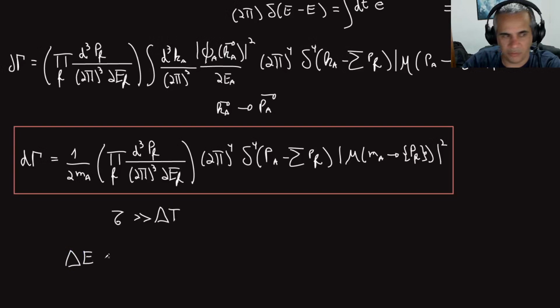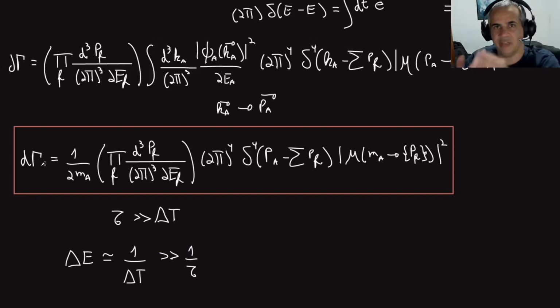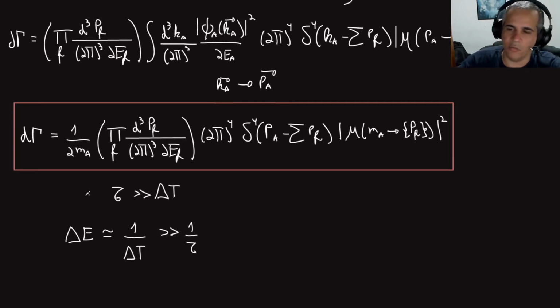The uncertainty on the energy involved in this process, which is similar to 1 over this time, needs to be much bigger than 1 over this lifetime. And what is the energy involved? It's the mass of the particle. If I go to the rest frame of this initial particle, the energy is basically proportional to the mass. So there's this comparison, and this is again of the scale of the total width.